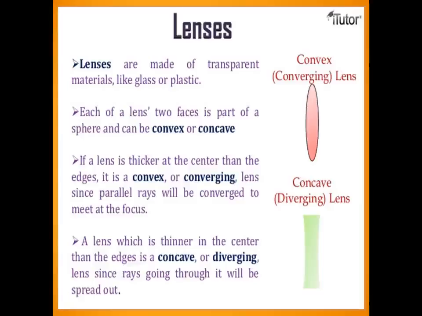If a lens is thinner at the center and the edges are thick, that is known as concave and diverging. Parallel rays will be converged to meet at the focus in a convex lens, whereas the rays going through a diverging lens will be spread out. Have you understood?